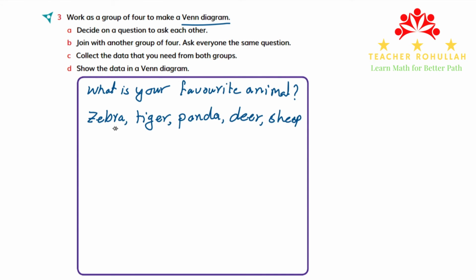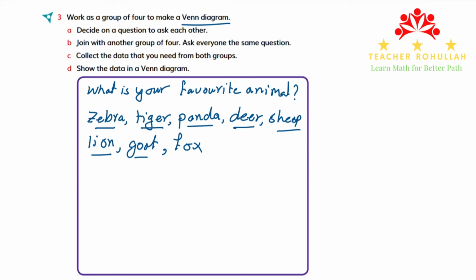So how many did you ask? 1, 2, 3, 4, 5. We have still asked 5, so we have to ask another 3. And another group member says my favorite animal is lion. And the 2 others choose their favorite animal as goat and fox. So we have 8 animals: zebra, tiger, panda, deer, sheep, lion, goat, and fox.